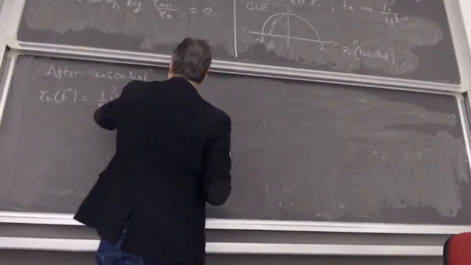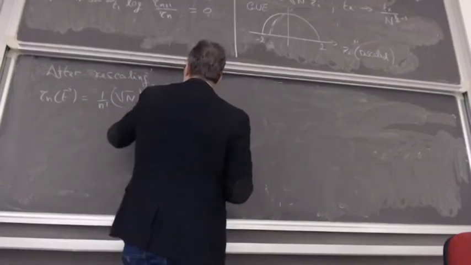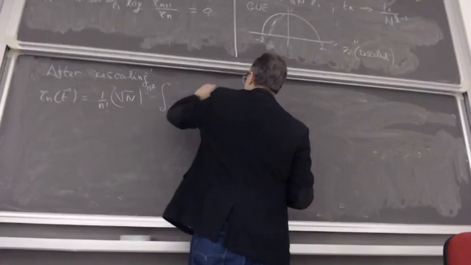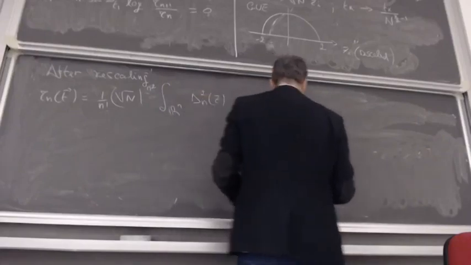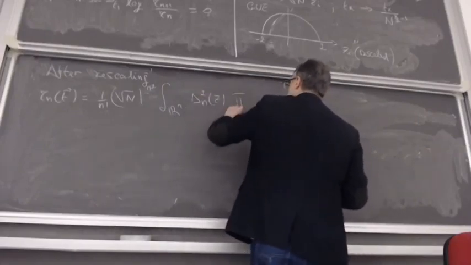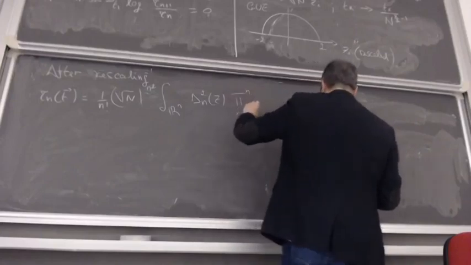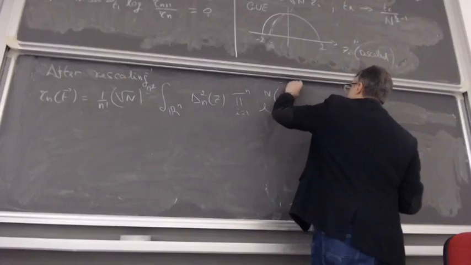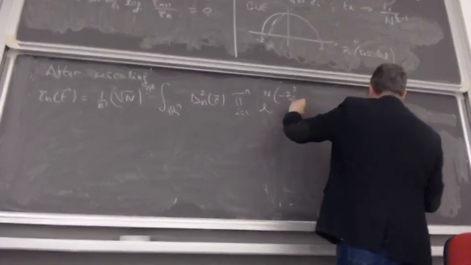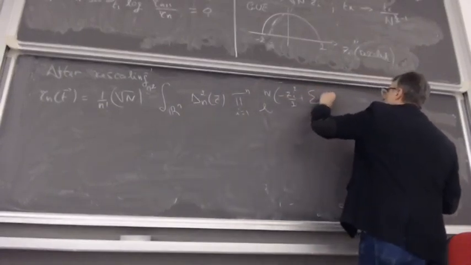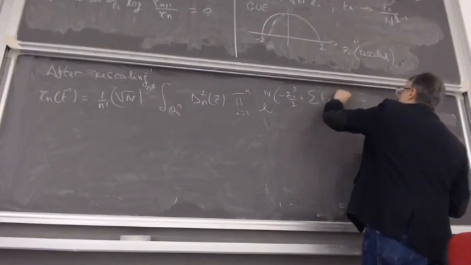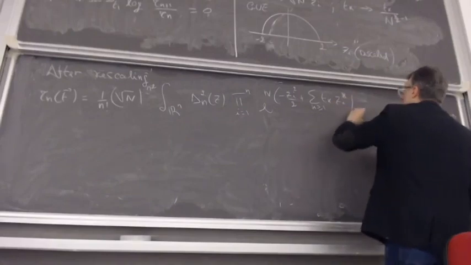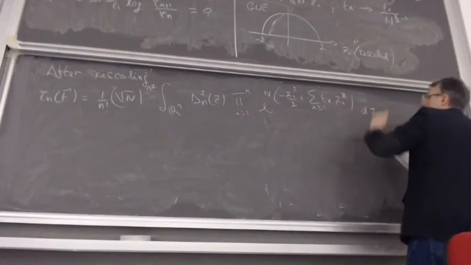the integral over Rn of delta n squared, the Vandermonde, and then the product of the exponentials, minus Zi squared over 2 plus the sum over tk Zi to the power k, in dZi.